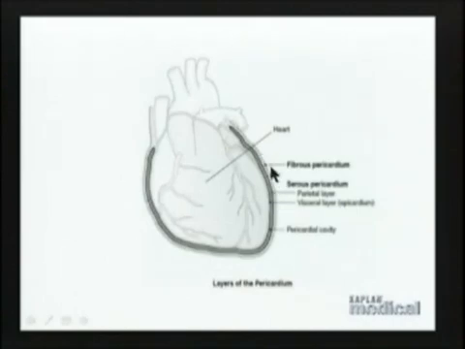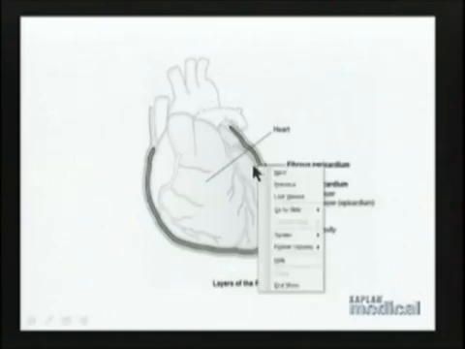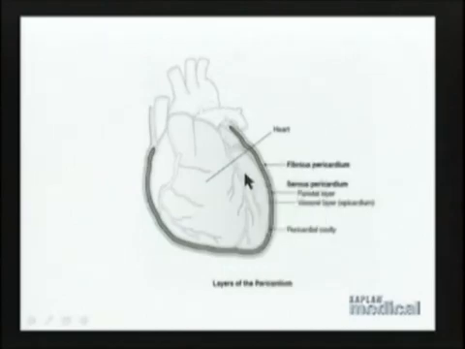So that means that if you get a rapid accumulation of fluid in the pericardial cavity, such as bleeding into the pericardial cavity, because you have this rapid filling, and because the fibrous pericardium doesn't stretch, it doesn't allow the pericardial cavity to expand outward, which means that the pericardial cavity will expand inward.